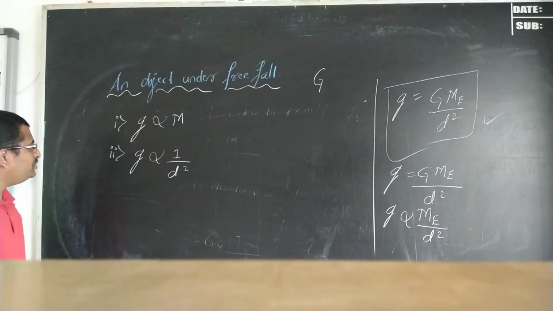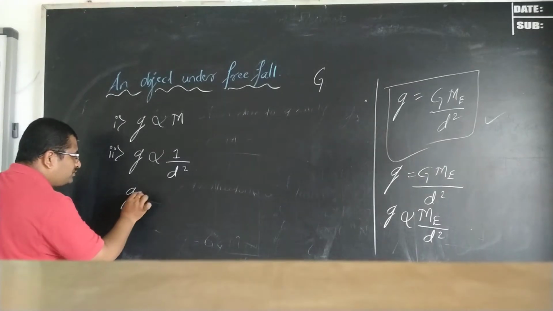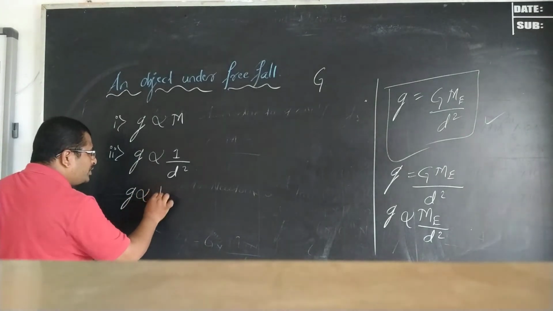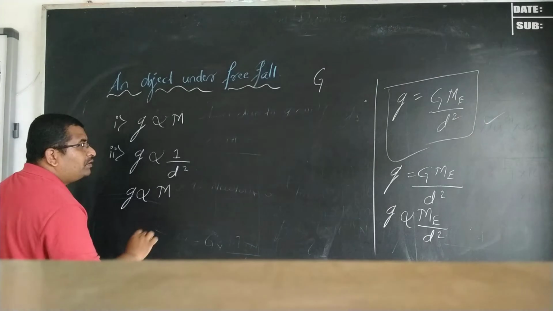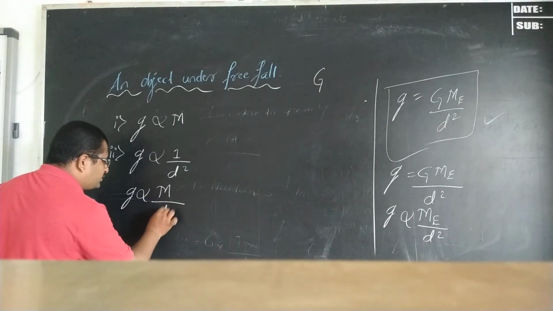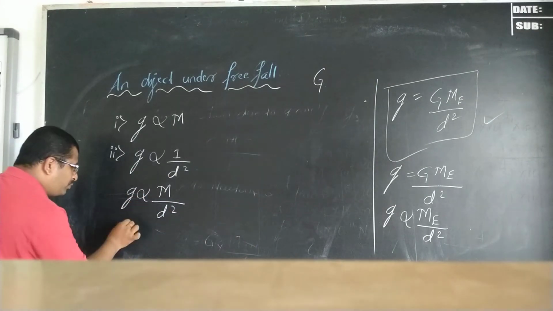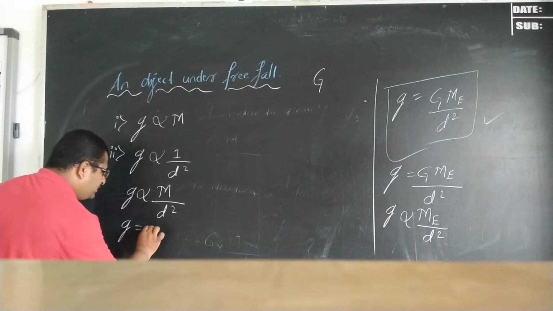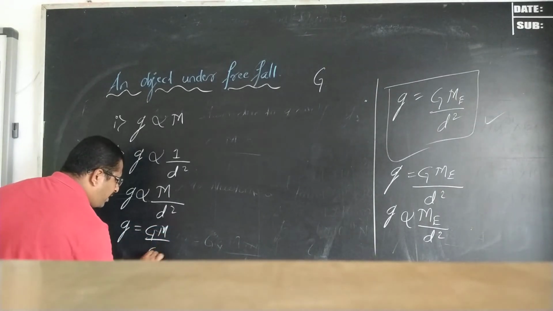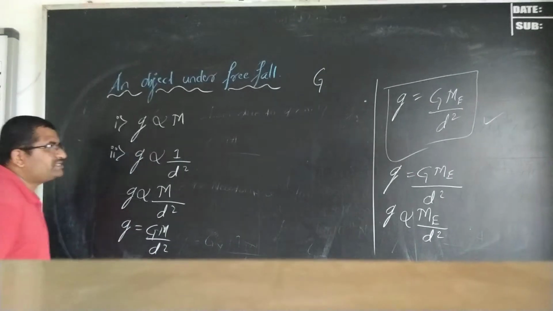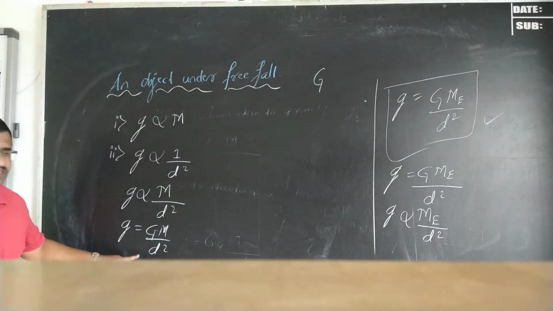If we combine these two, g is proportional to M/d², and removing the proportionality sign with the constant, we get g = GM/d² once again.